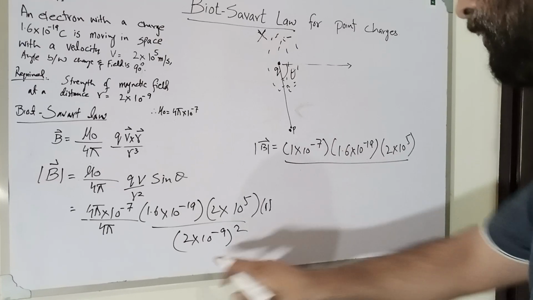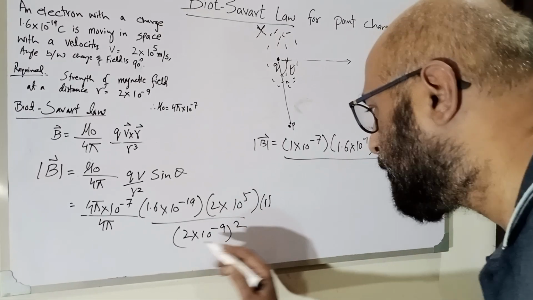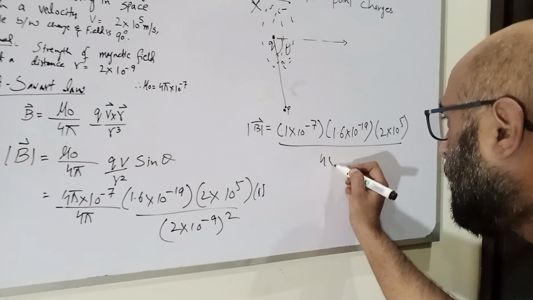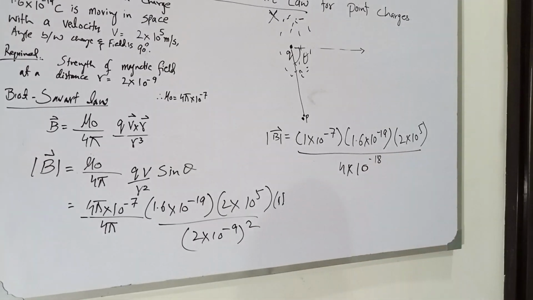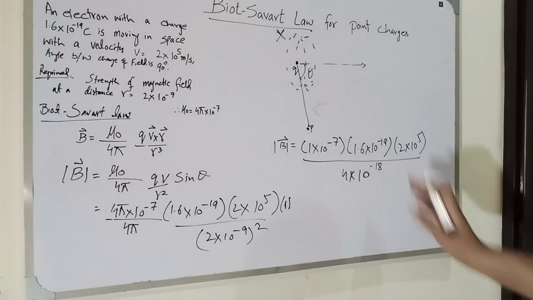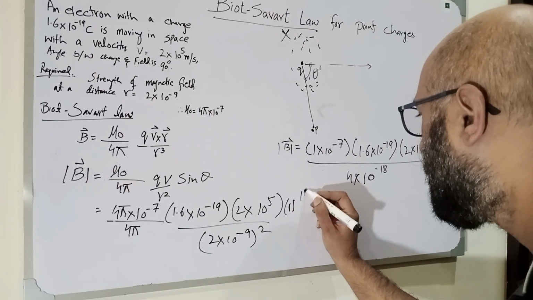This divided by 4 multiplied by 10 raised to the power minus 18, right? So simplify it a little bit more.